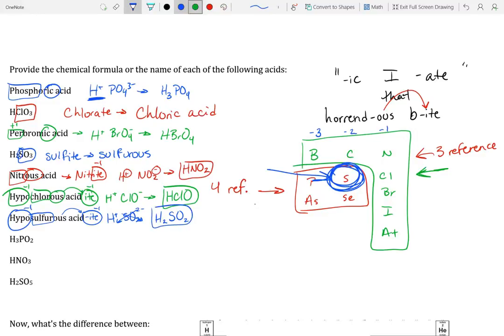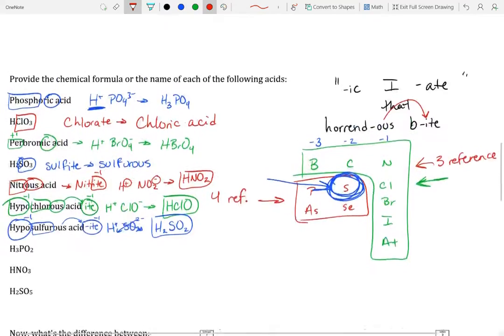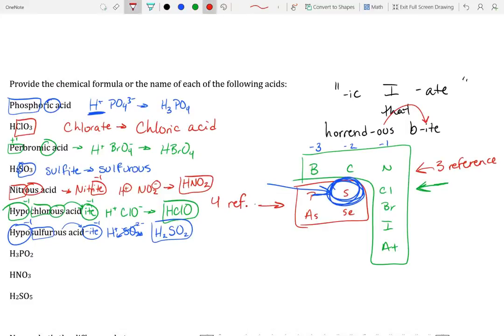So H3PO2, let's see what that is. What is PO2 again? Where's phosphate? We know that phosphate's inside the box. So it has 4 reference oxygens. And right here we see a derivative of phosphate with only 2 oxygens. So we removed 2 oxygens. What do you add to the name when you remove 2 oxygens? You have hypo.